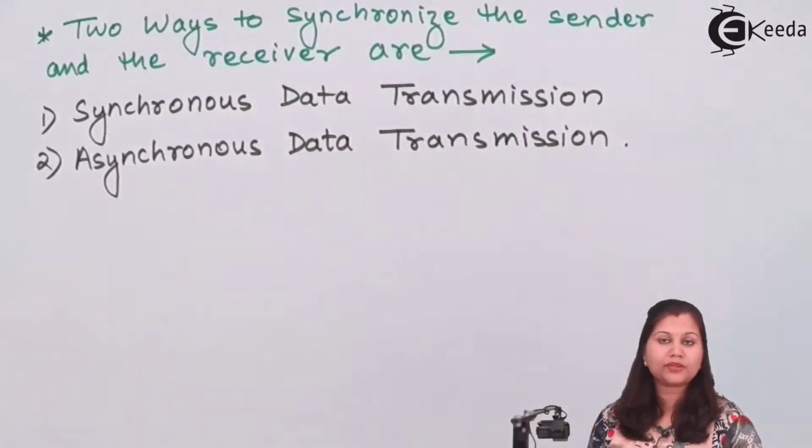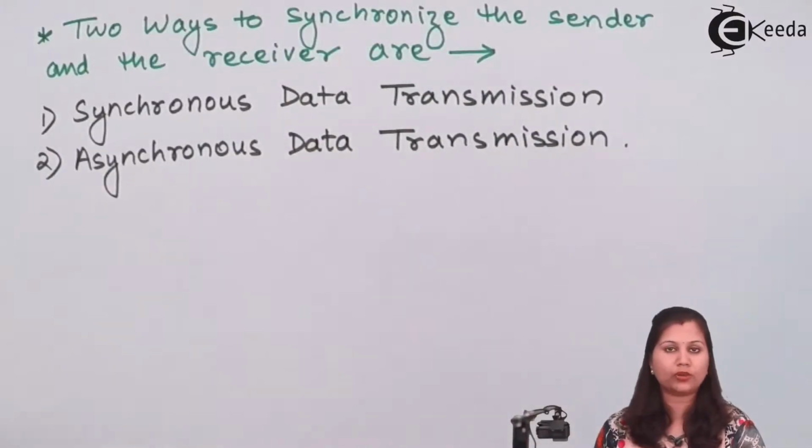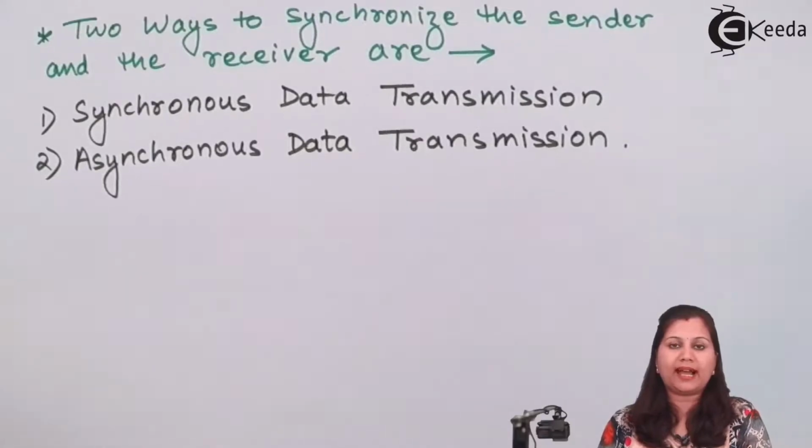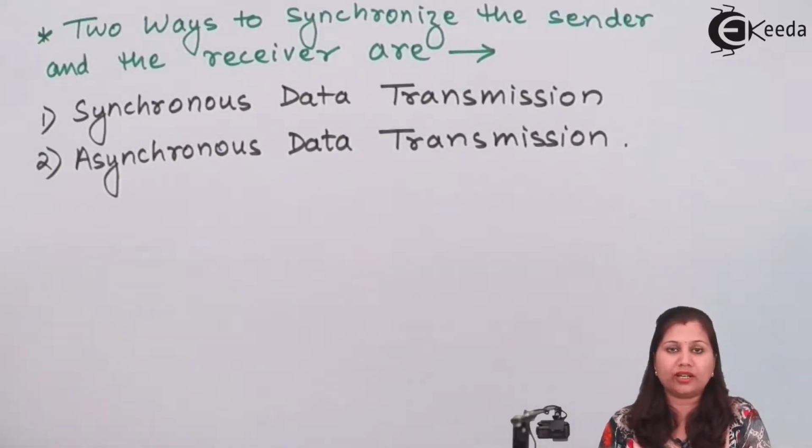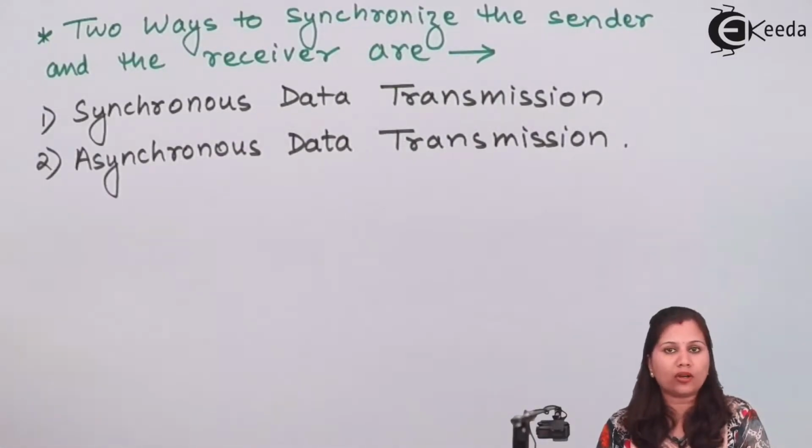Now these two types of data transmission, synchronous and asynchronous, are defined on the basis that in synchronous data transmission, the data transmission takes place in the form of two signals. One is the data which the sender is sending to the receiver, and the other is the reference signal, or we can say the clock signal.